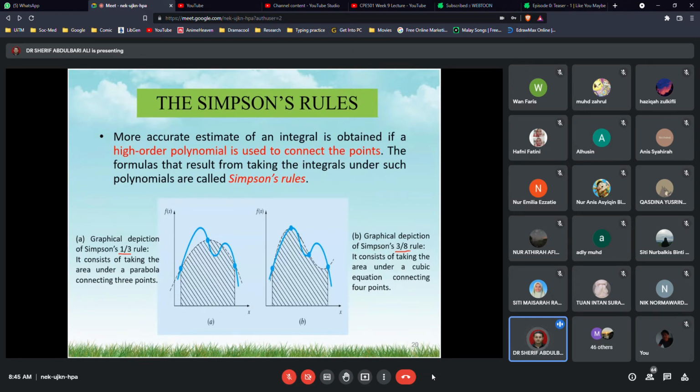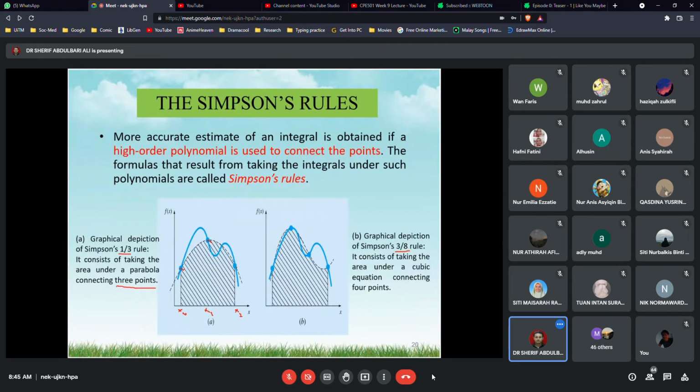The 1/3 rule connects a parabola through 3 points, which we call x0, x1, and x2.